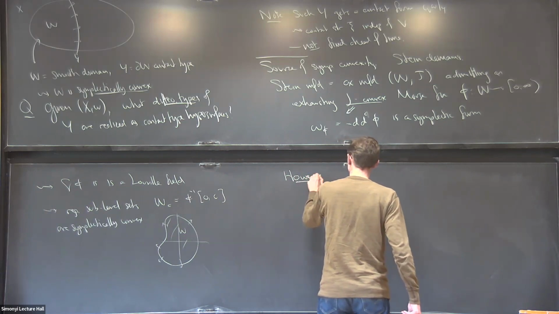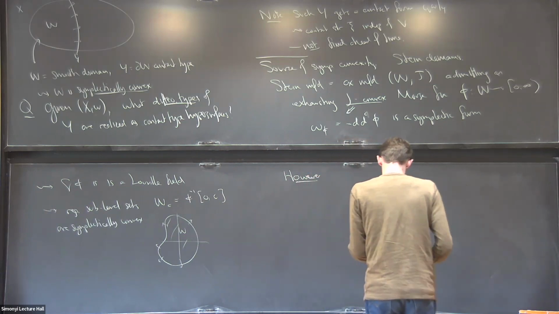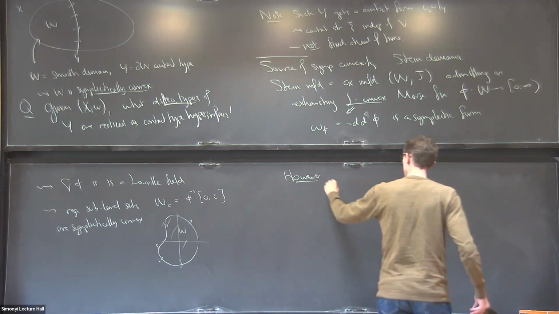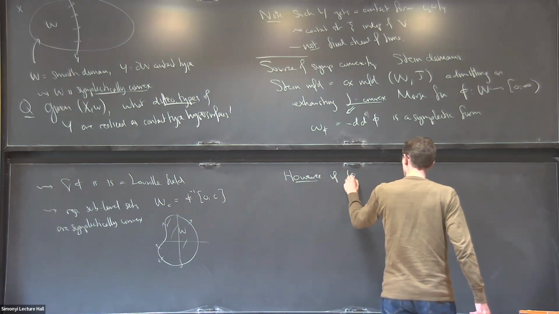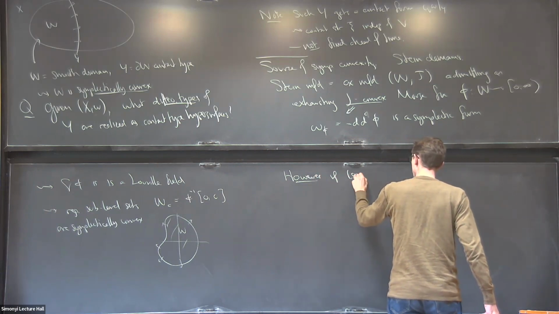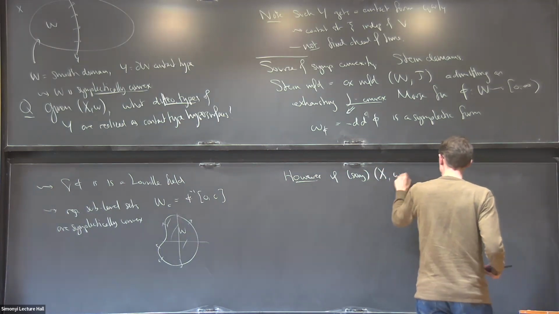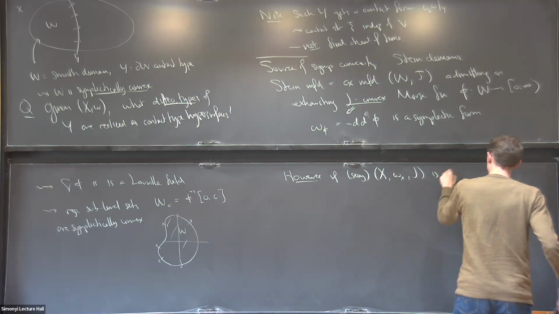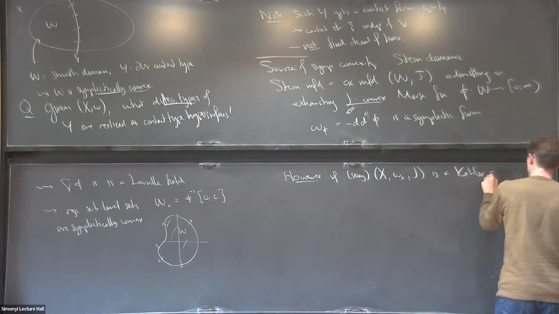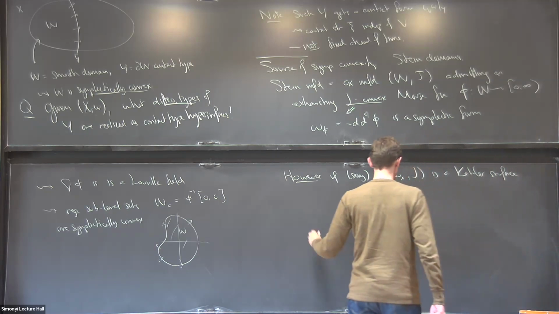However, just to be concrete, say you've got a Kähler surface, X, omega X and J. Then it makes sense to talk about a Stein domain sitting in it.